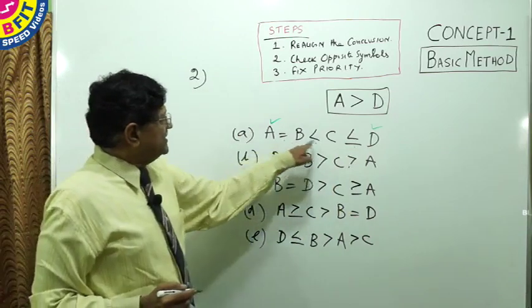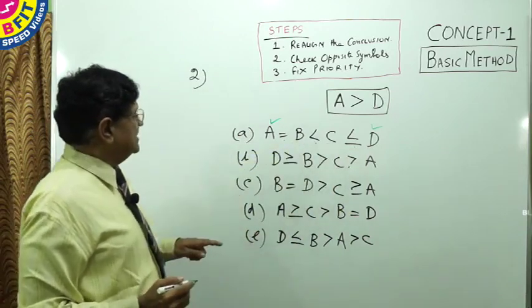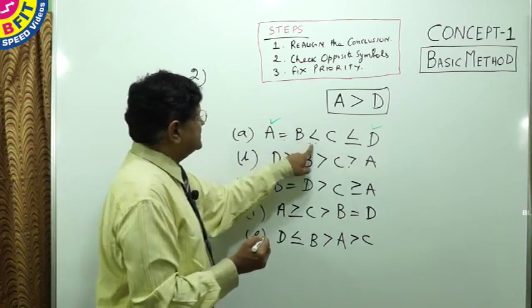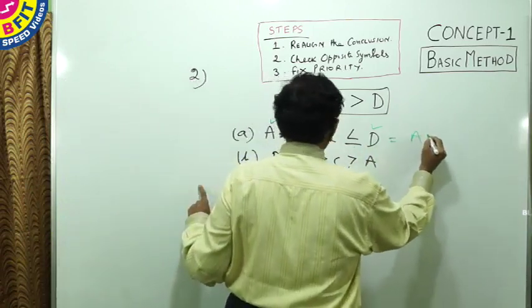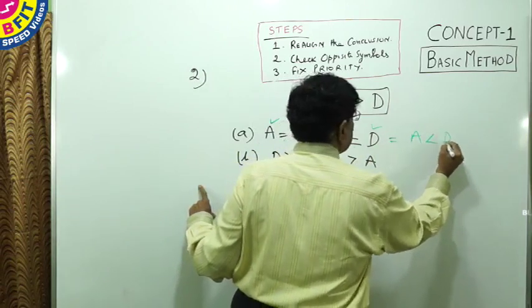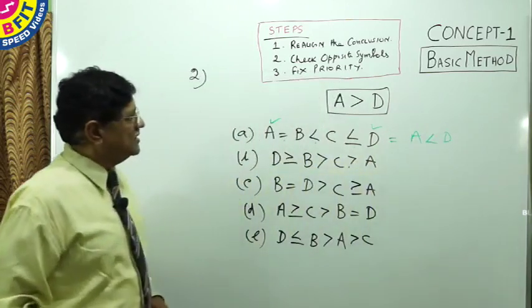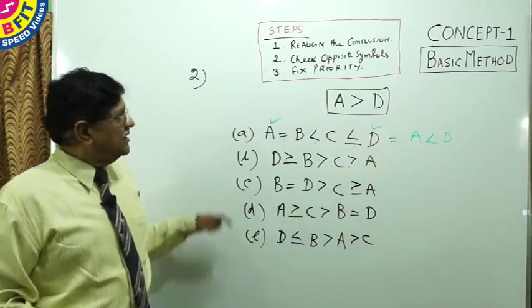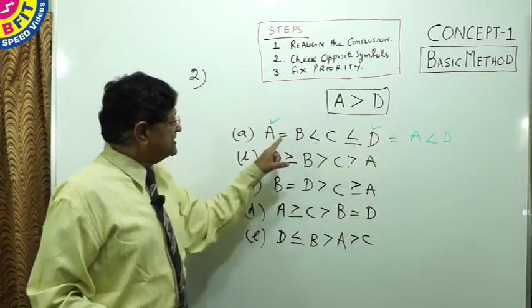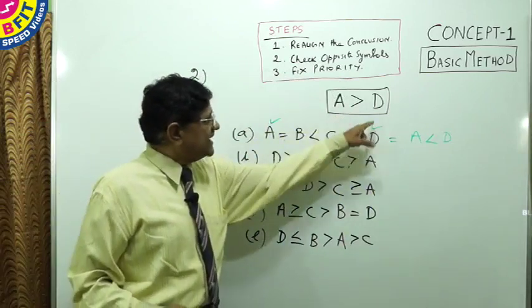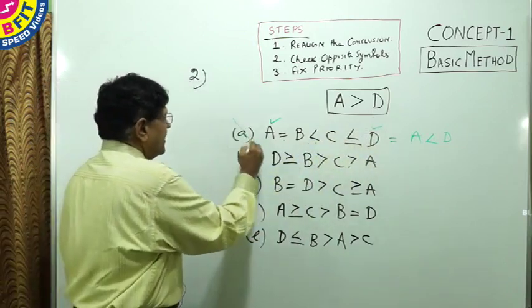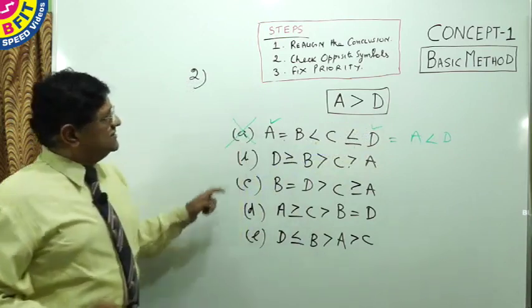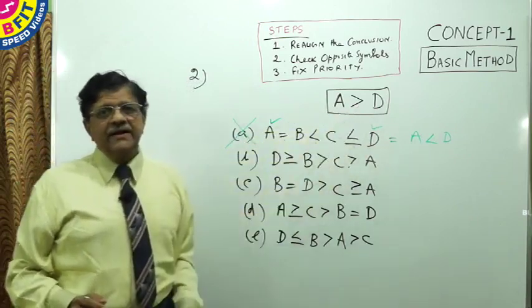Among the 3 symbols, less than has got priority. Therefore the conclusion is A is less than D. But can we arrive at A is greater than D from this statement? It is not possible. Therefore from statement 1 we cannot derive the conclusion A is greater than D.